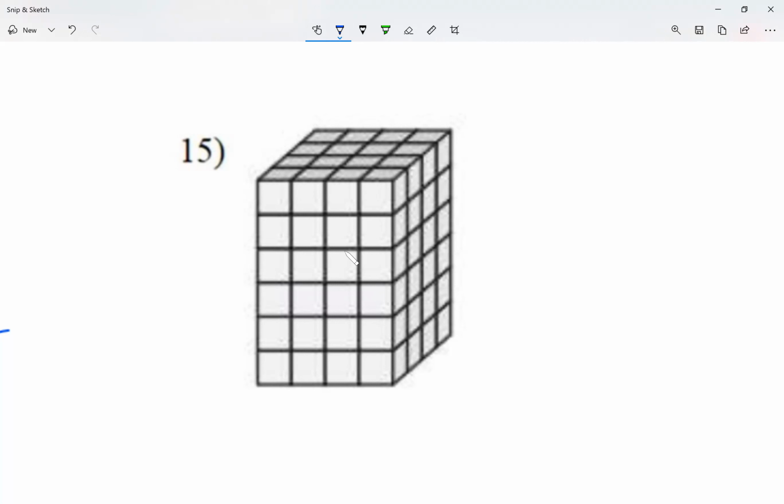Okay, so the top layer, how many cubes do you see on the top layer? You can count them out. You can pause the video. Let me highlight the top layer.